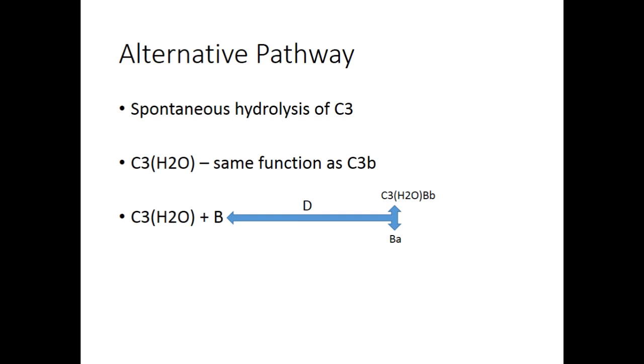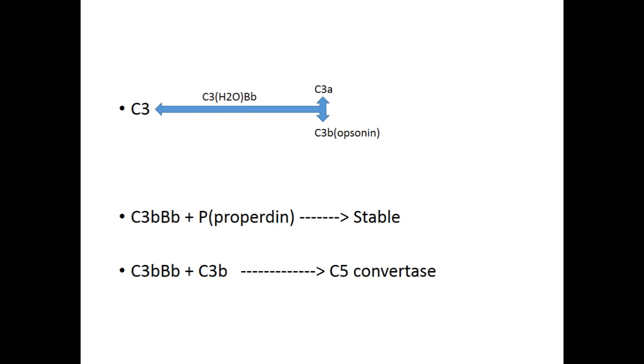The Bb will again attach to the C3H2O or C3b, and that is what you call the C3 convertase of the alternative pathway, C3H2OBb or C3bBb. So you can see here, this C3H2OBb or C3bBb will act on the C3 that is again floating in the plasma, and it will form C3a and C3b. C3b is again an opsonin, if you remember.